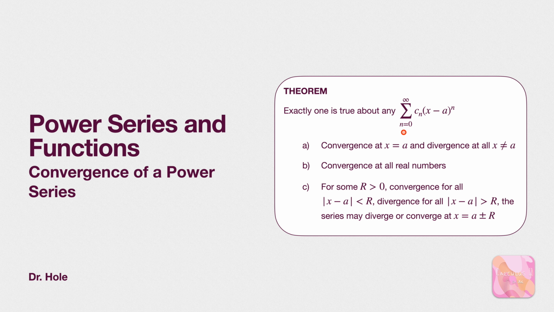All right, so looking at any power series having any center, one of these three must be true. That's what this theorem is saying. What we now want to do is establish this theorem. We want to prove it.